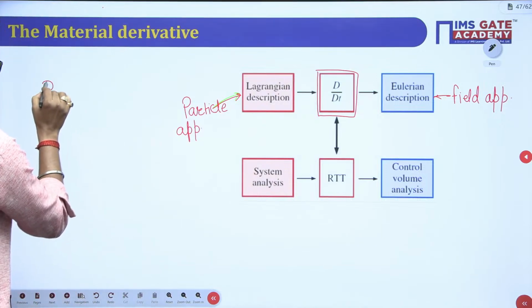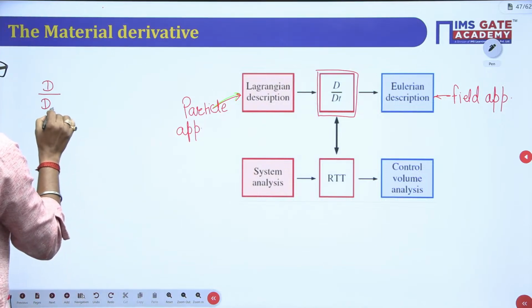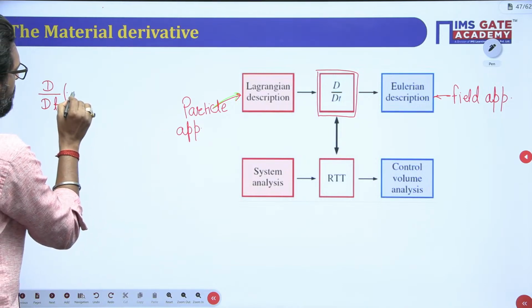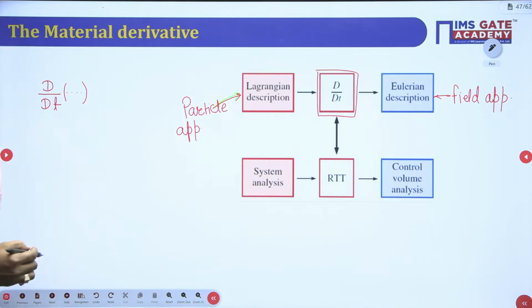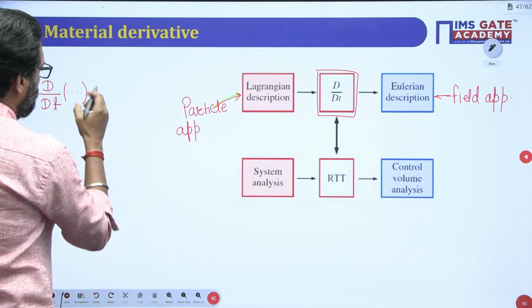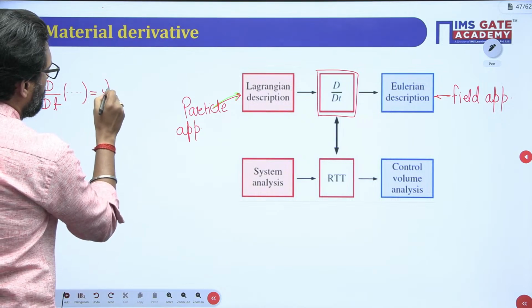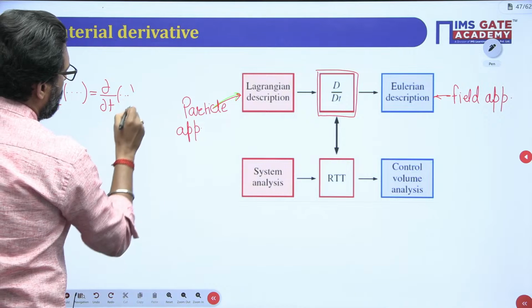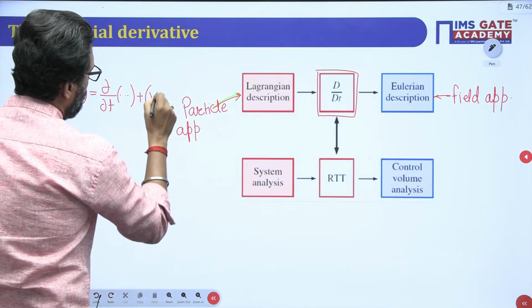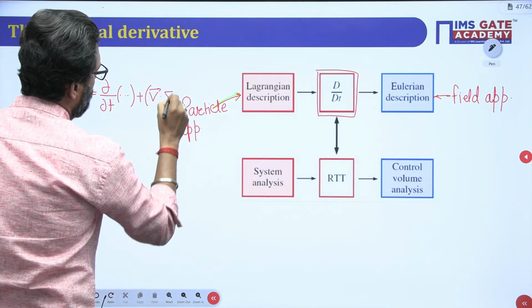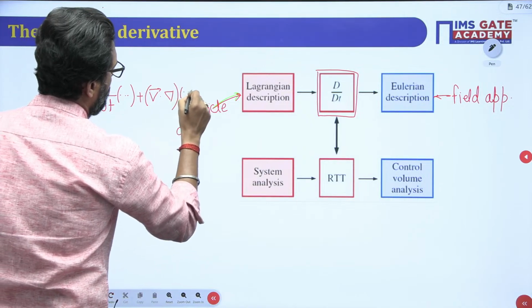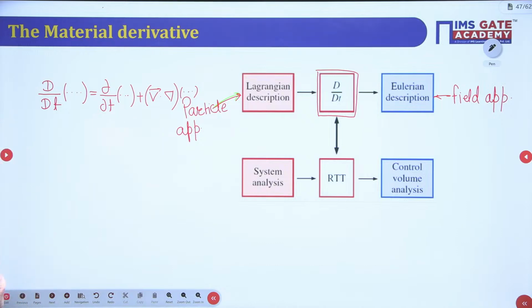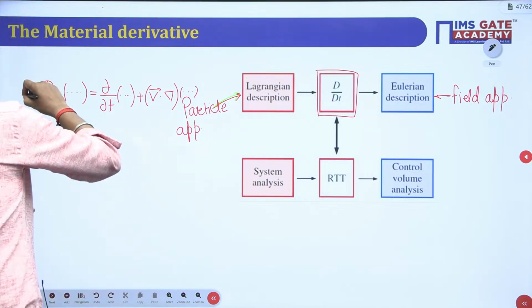If you take the total derivative of anything, either a scalar field or a vector field, it is equal to the partial derivative with respect to time of the field plus v dot del of the field. So this is the material derivative.